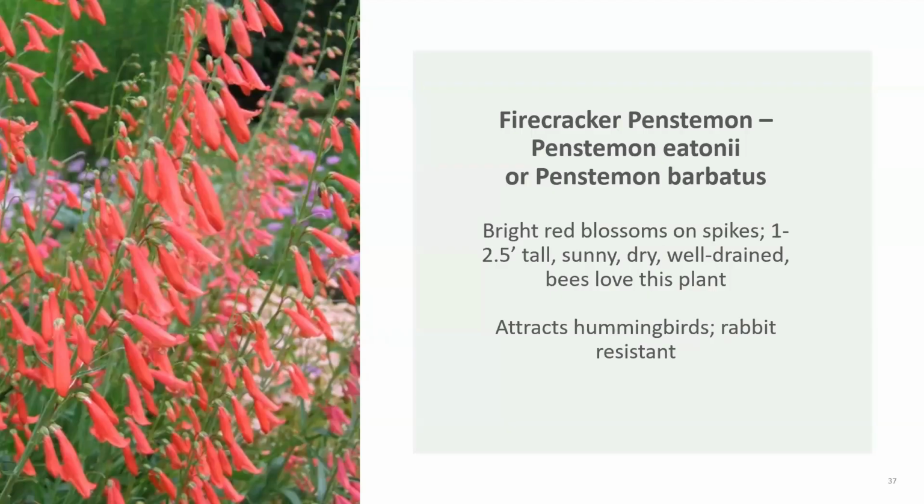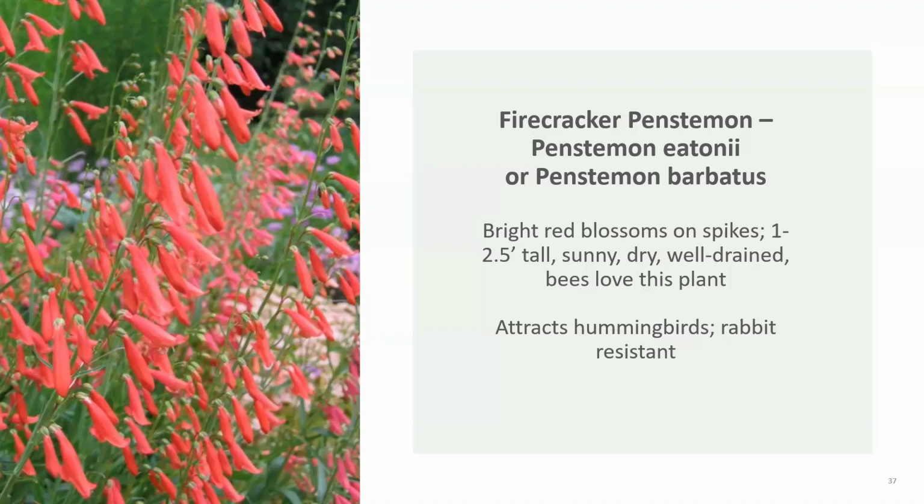Firecracker penstemon, this is the one that we list in our sheet, but I'm going to tell you that Penstemon barbatus, I don't remember the common name for that, looks just like this, but it will bloom all summer long.